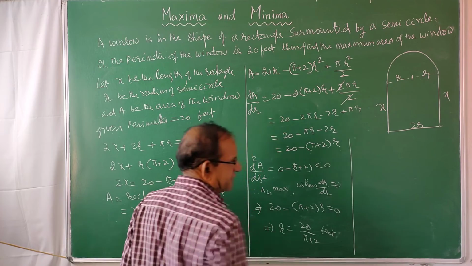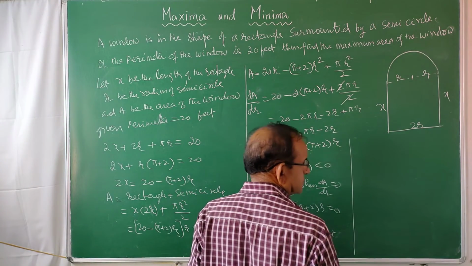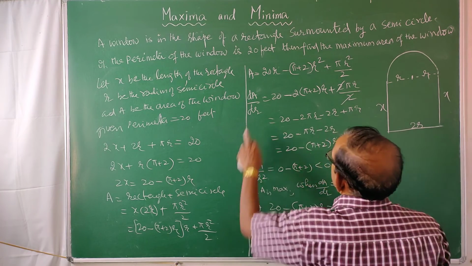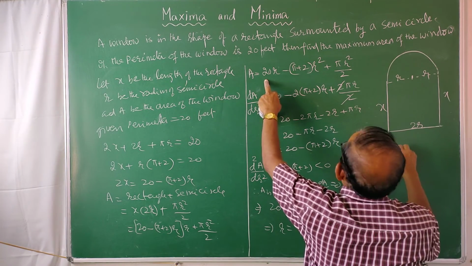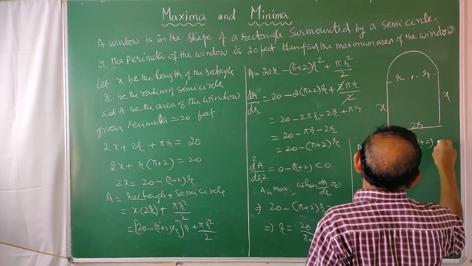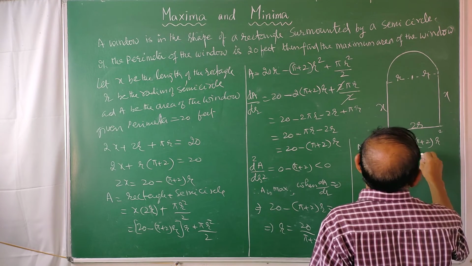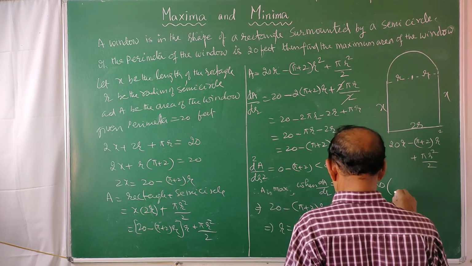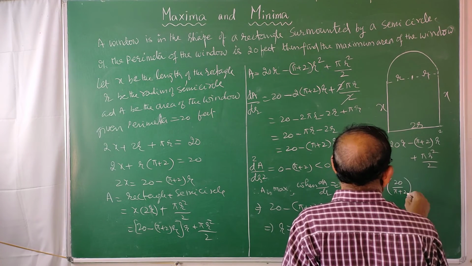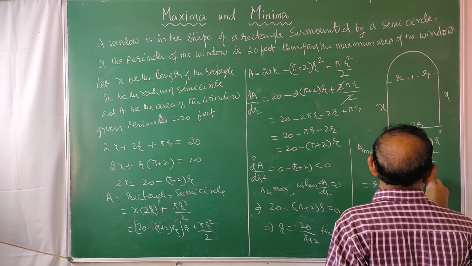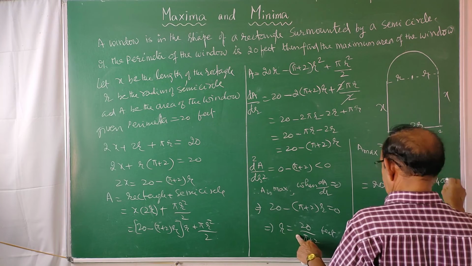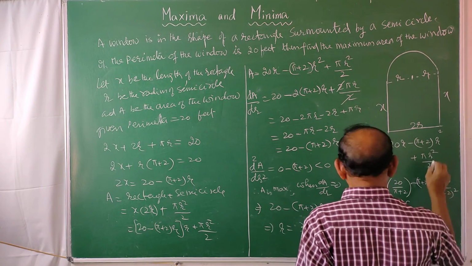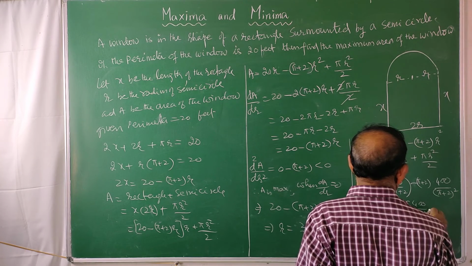We have to find out the maximum area also. With r equal to 20 by pi plus 2, A maximum is equal to, this is the area, 20r minus pi plus 2 into r square plus pi r square by 2, that is equal to 20 into 20 by pi plus 2, minus pi plus 2 into 400 by pi plus 2 whole square, plus pi by 2 into 400 by pi plus 2 whole square.